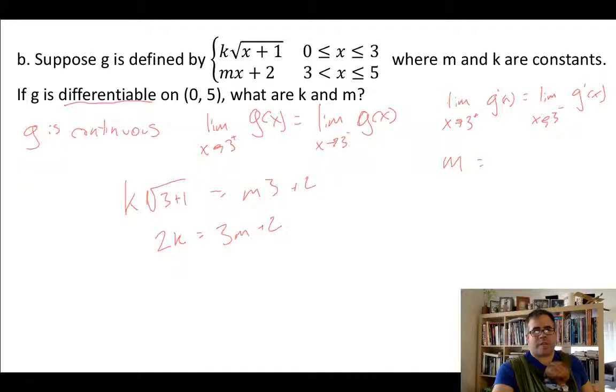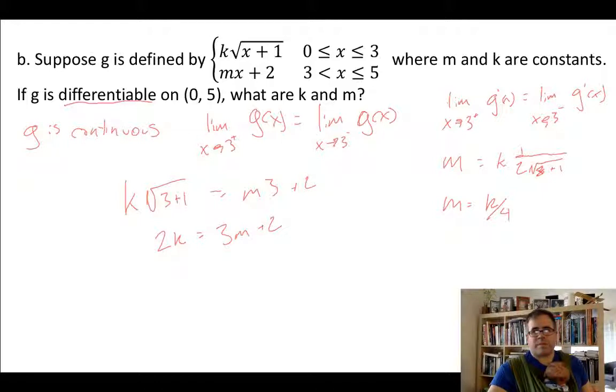Then the derivative of the other side, we've got k times 1 half, so the derivative of square root, 1 over 2 square root of x plus 1, except x is 3. So square root of 4 is 2, so we know that m equals k over 4.